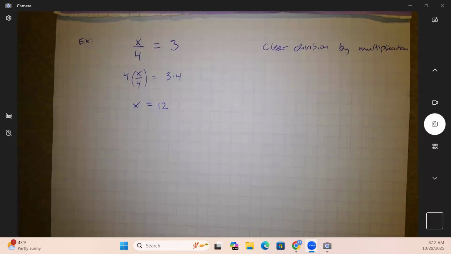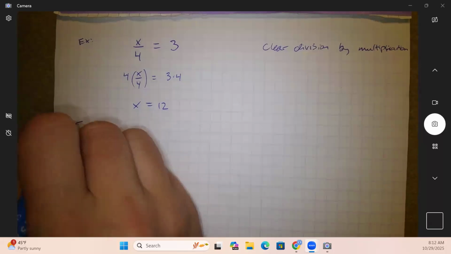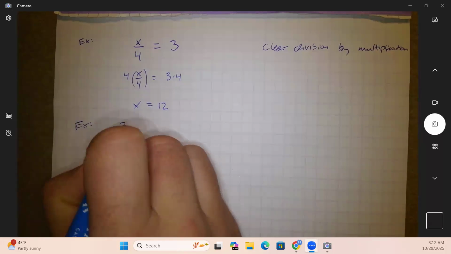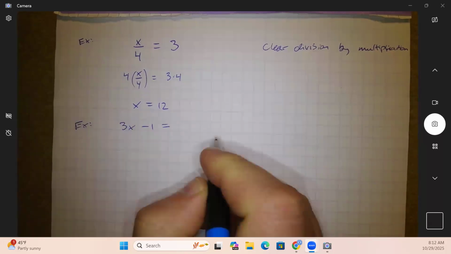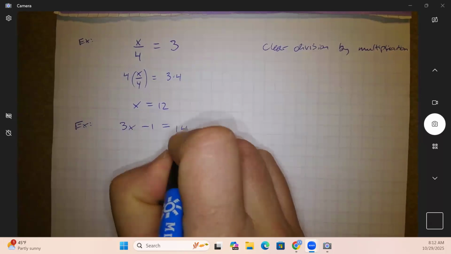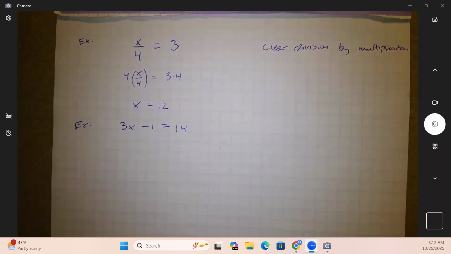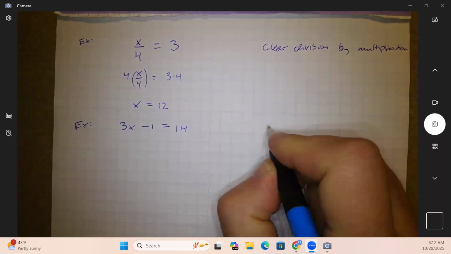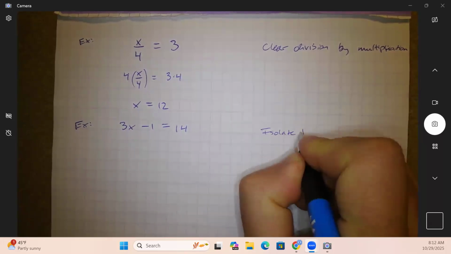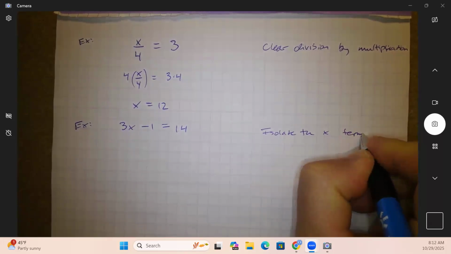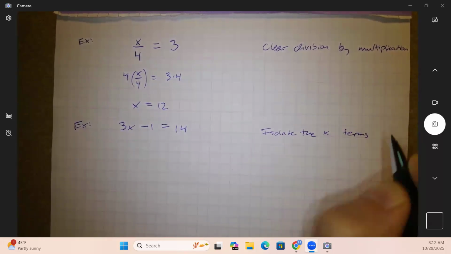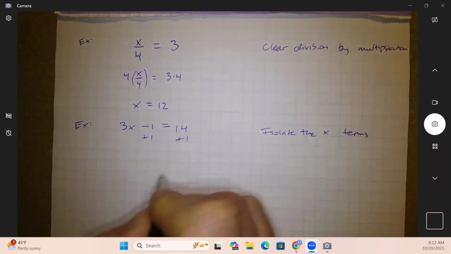We can have two-step equations. Like I could have 3x minus 1 equals 14. And we want to isolate the x terms. And we'll do that by adding 1 to both sides.